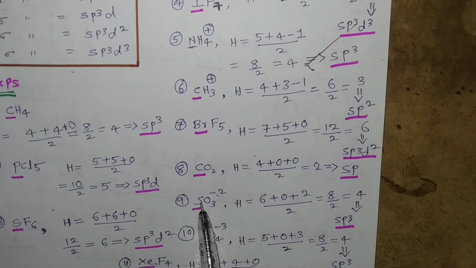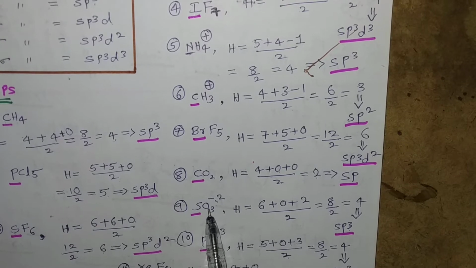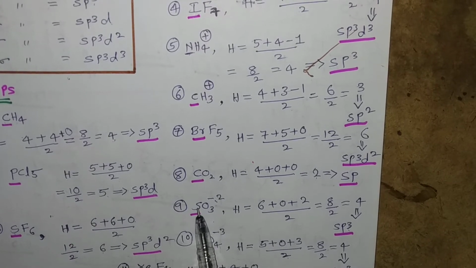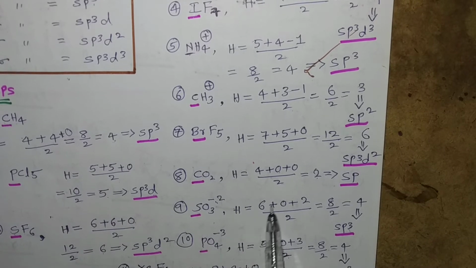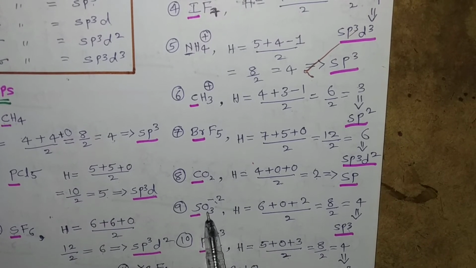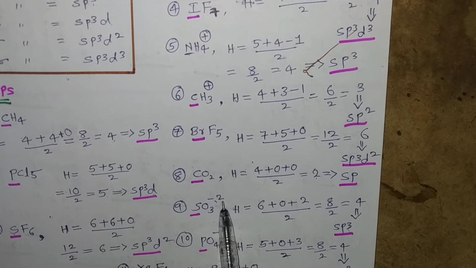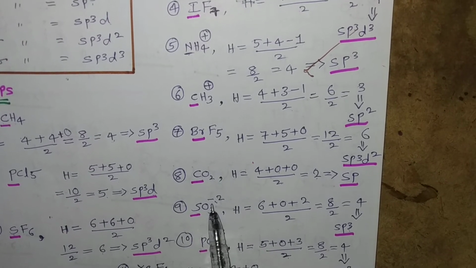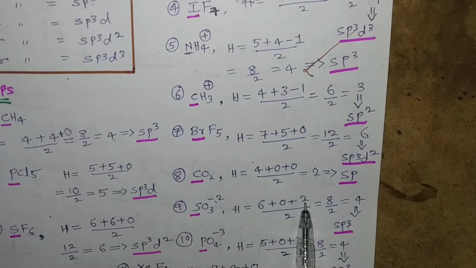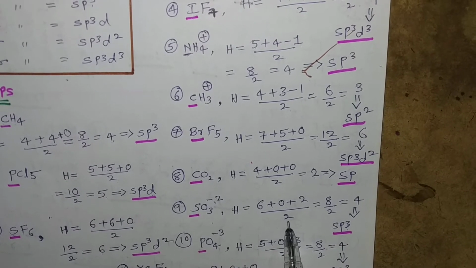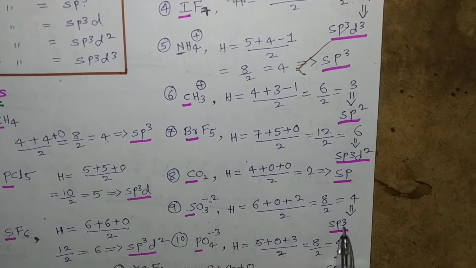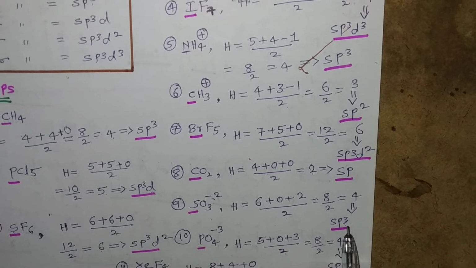Similarly, SO3 2 minus. In this, sulfur is the central atom. Sulfur is 6th group, group number 6, plus oxygen is divalent, so it is neglected, 0, and charge minus 2 means 2 electrons added, plus 2 by 2. So total 8 by 2, 4, sp3 hybridization.